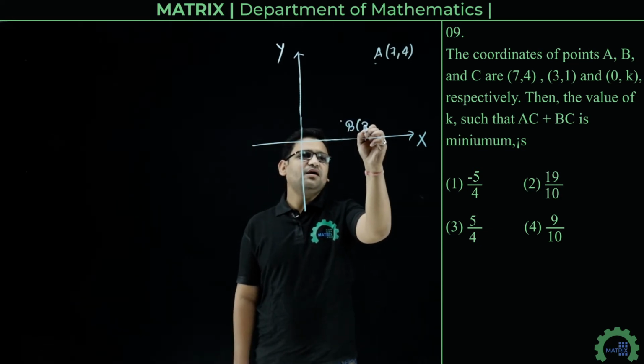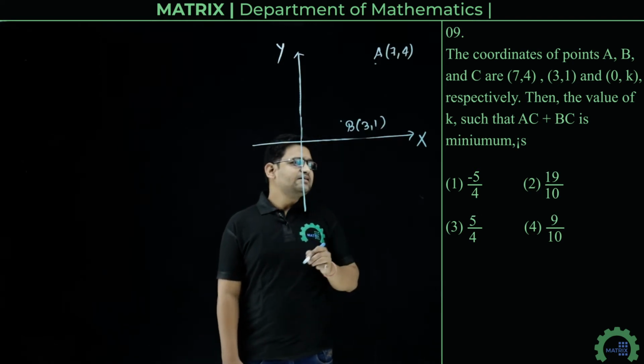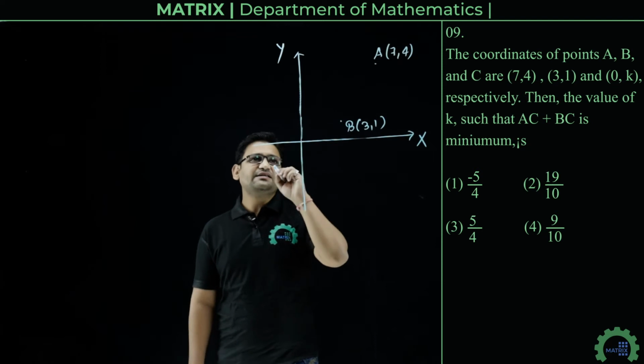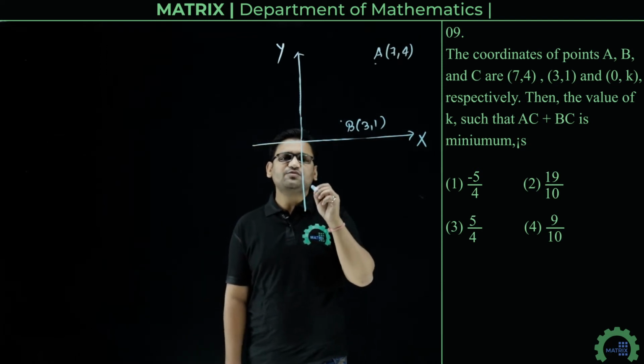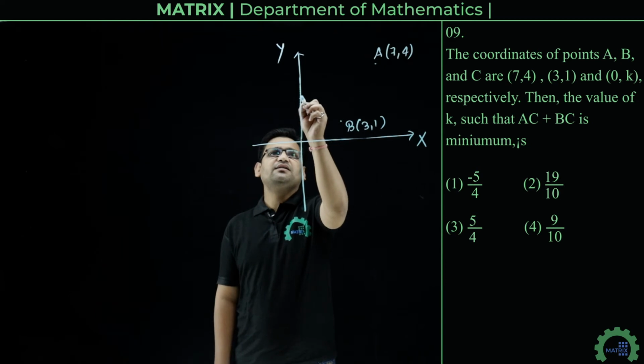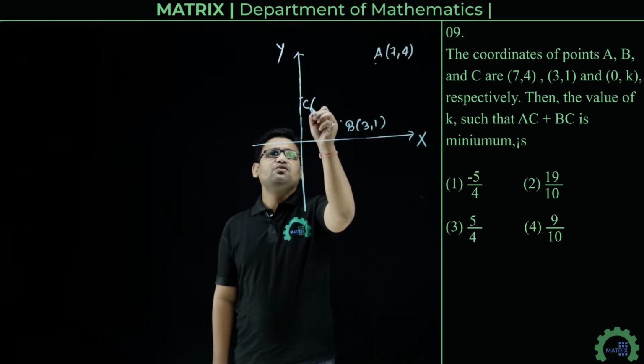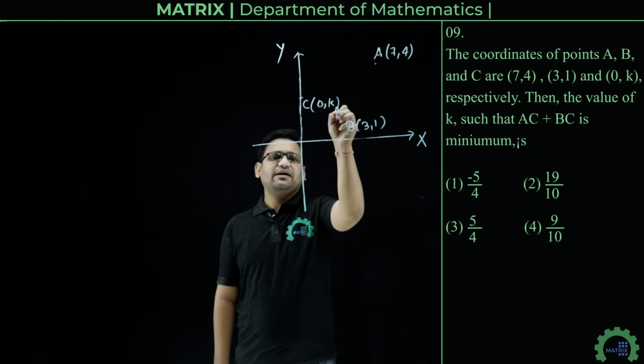Now the point C is 0, K, so x is 0, so we can say that this point will lie on the y-axis. So let's say this point lies here, that is point C, whose coordinates are 0, K.